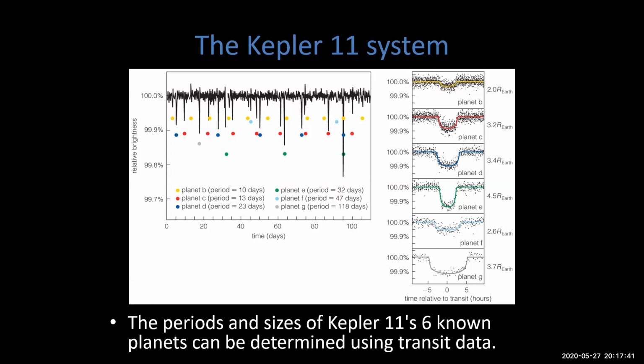So here, the planets each have their own different shapes, their own length of transits. We get their periods all individually, ranging from 10 to 118 days in this case. Notice some of those periods are pretty close together, so the planets aren't that far apart, but they have pretty circular orbits.